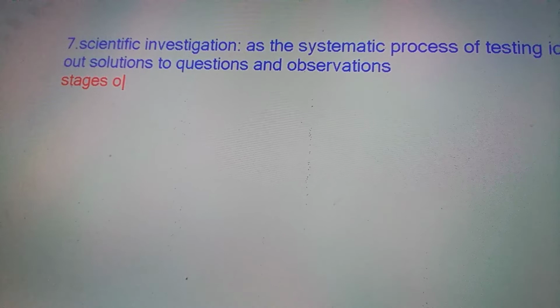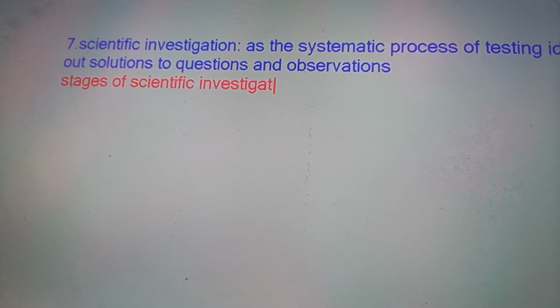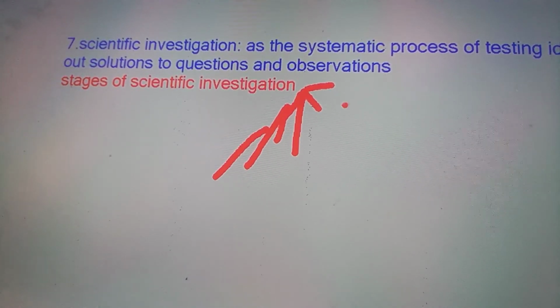Stages of scientific investigation. We have 6 stages of scientific investigation: 1, 2, 3, 4, 5, 6.